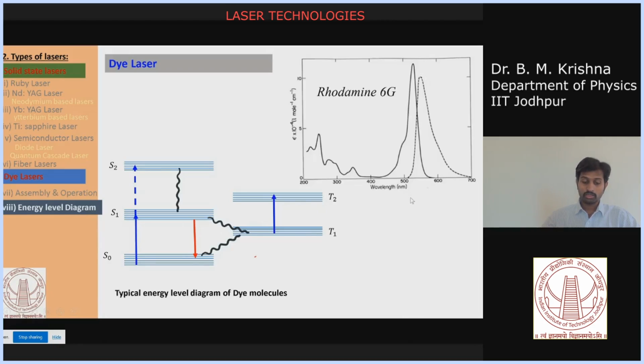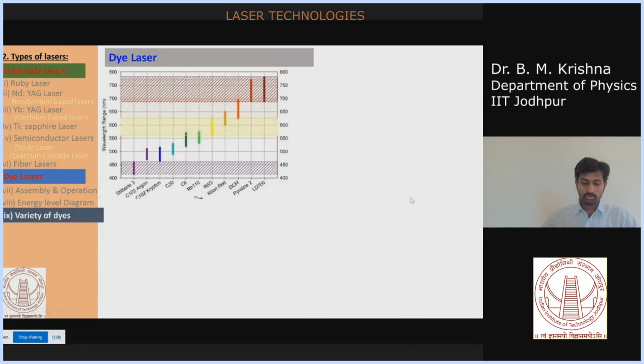So you have different dye molecules available to get a tunable wavelength range in the visible spectrum. Now you can tune using different dye molecules. The dye molecules are placed in this plot from Siemens 3 to LD700. You can see these are all different dye molecules, and on the y-axis you have the wavelength range.